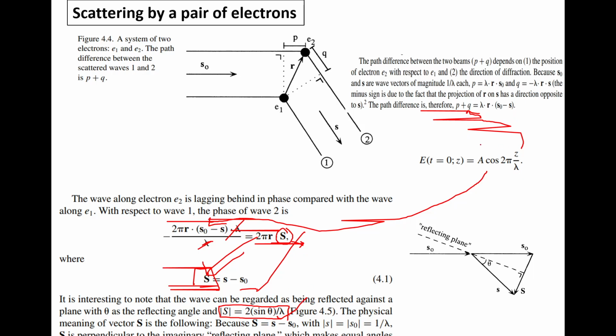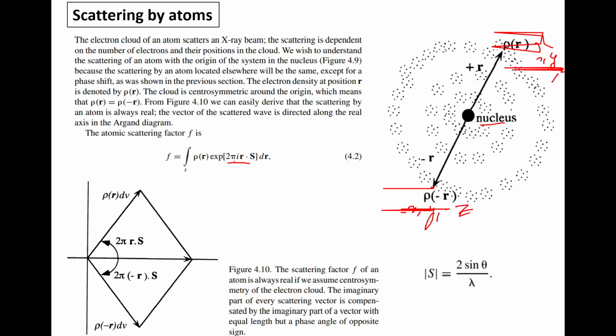What I am telling you is that from here you can use Euler's formula, where e to the power i theta equals cos theta plus i sin theta. From there you get this e to the power i, and this angle, 2 pi r dot s, is your phase angle.